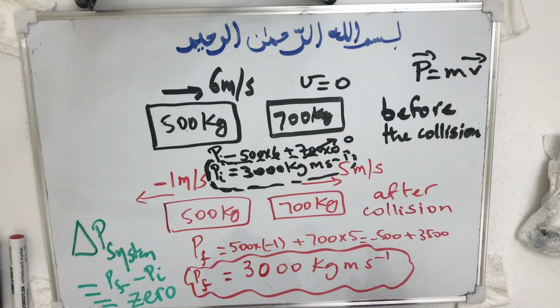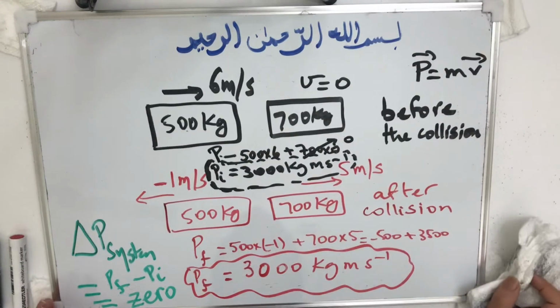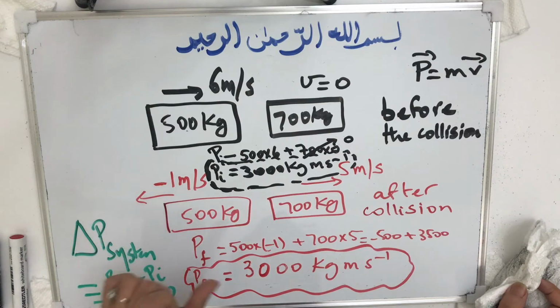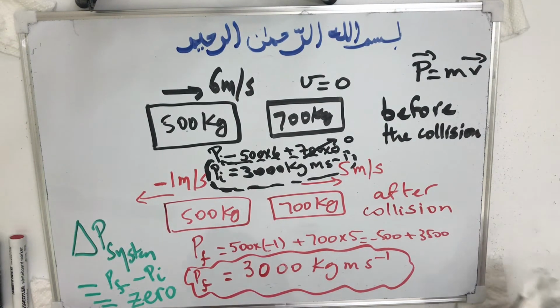Now let's pause the video for a moment, and then I want you to calculate the impulse for block 1 and then the impulse for block 2.